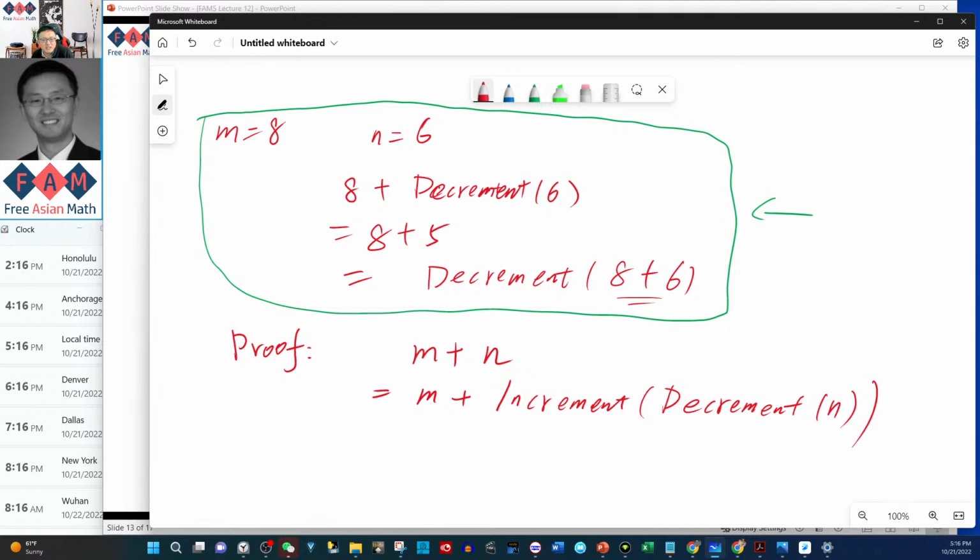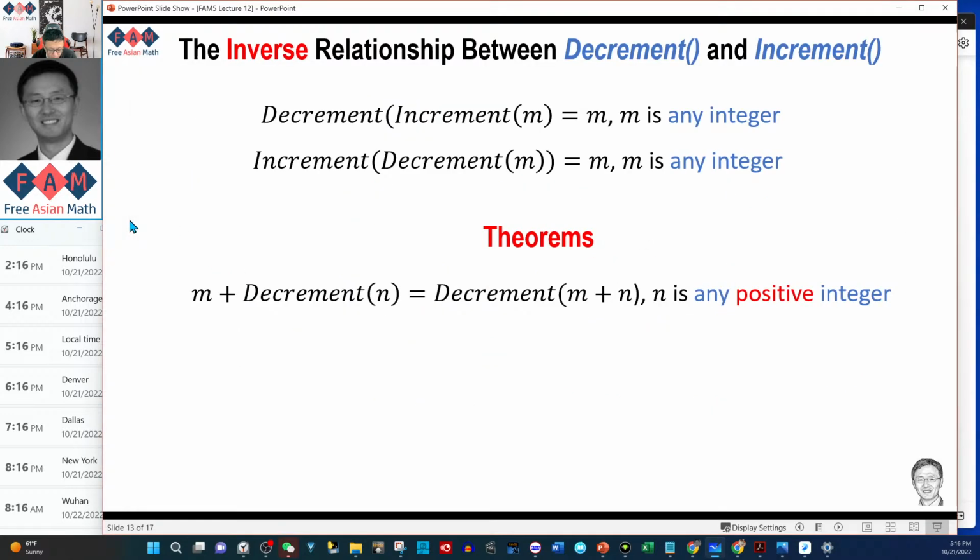We are not changing anything. We just use the fact that we already proved that n is just: first take decrement on itself, then take increment on that result to get back to n. So m plus n just equals this one. And why is this true? We already proved that right here. Decrement, increment, do that twice, get back to yourself.